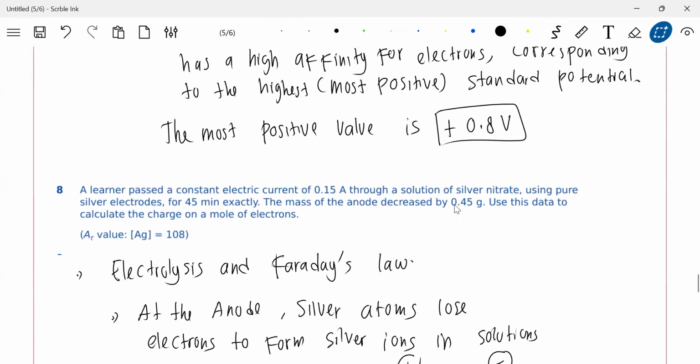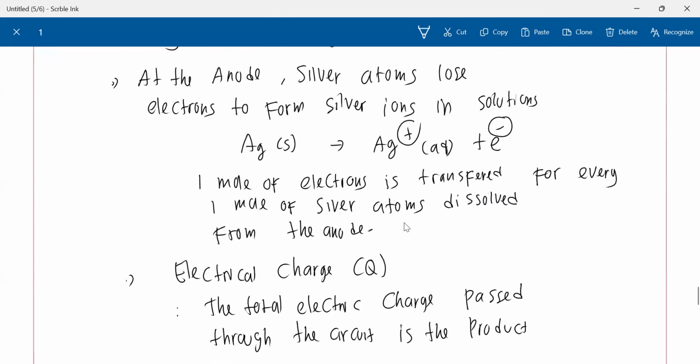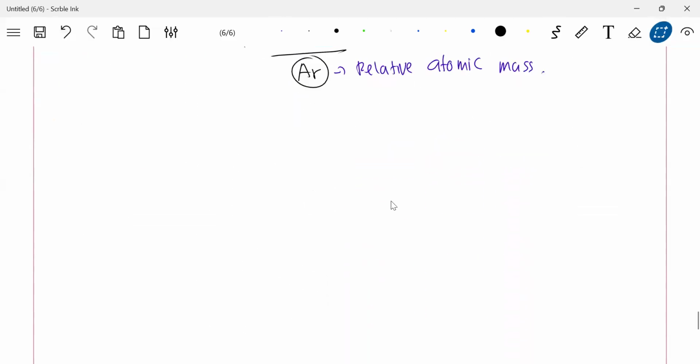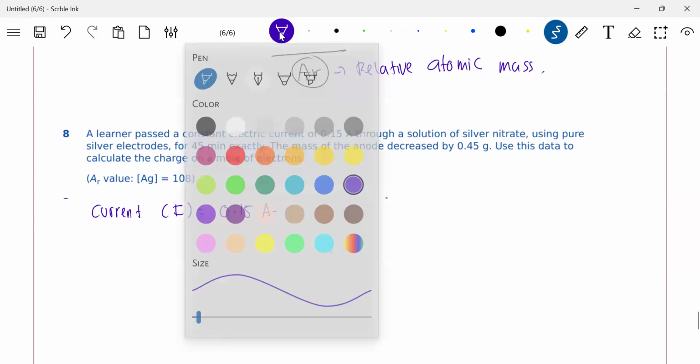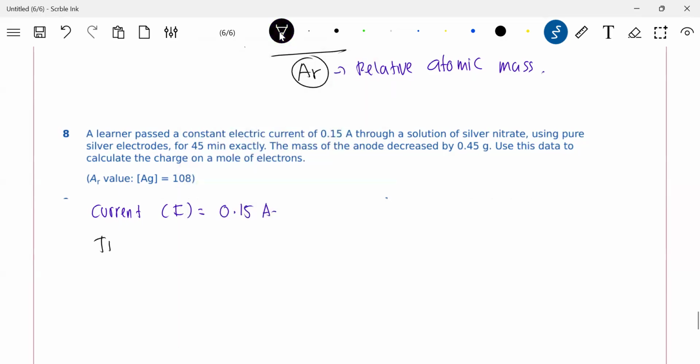Okay, back again to these questions. A learner passed a constant electric current. So we know the data, the current I equals 0.15 ampere. The time is t equals 45 minutes.